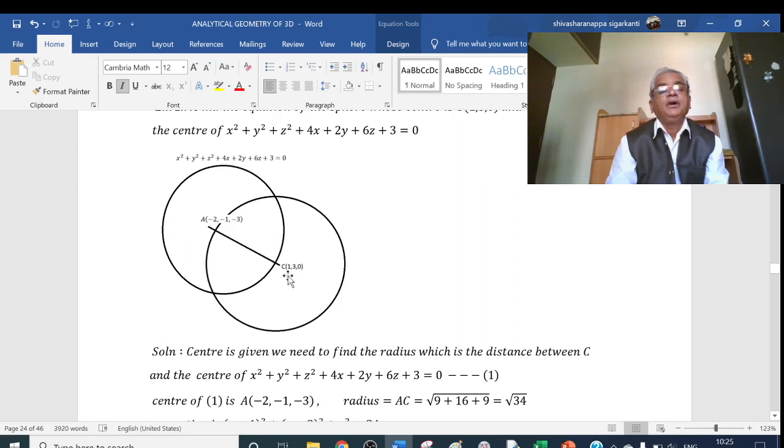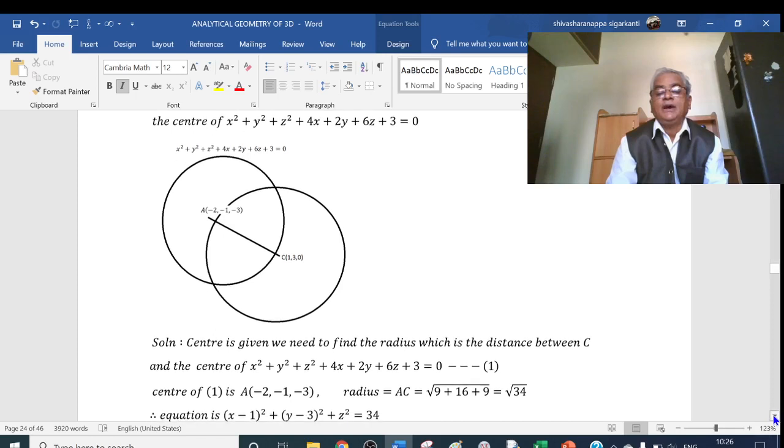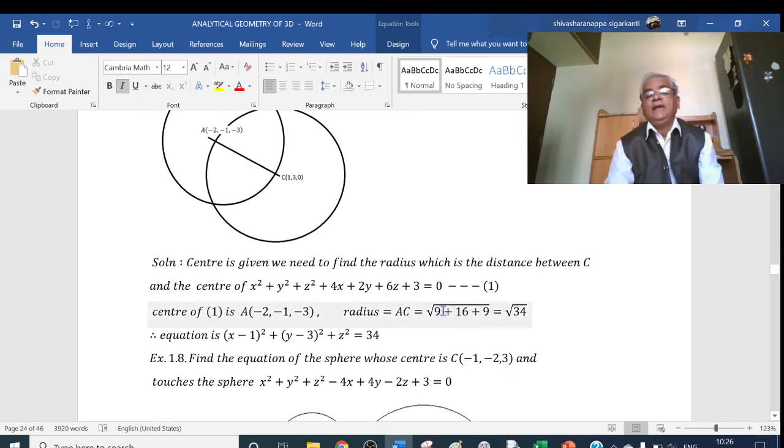That is 3 square plus 4 square plus 3 square. 3 square is 9, plus 4 square is 16, plus 3 square is 9. This is equal to root of 34. Radius is equal to root 34.